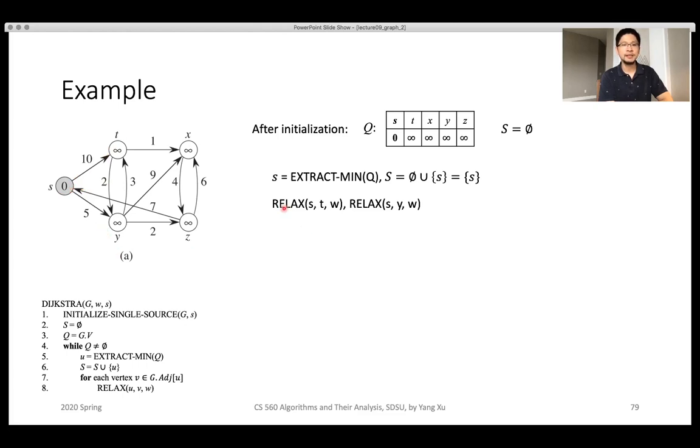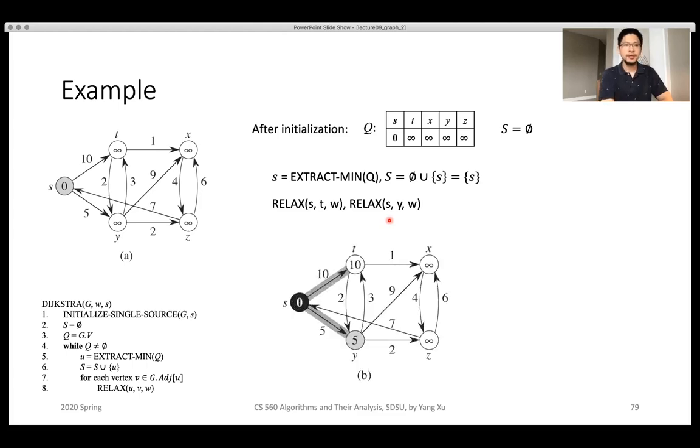So we call relax on ST and SY. Because T and Y originally have infinity values and s has a non-infinity D attribute, the D and pi of T and Y will be updated. The highlighted edges show that the predecessor of T and Y will be set to s, and their D attributes are updated to 10 and 5 respectively.